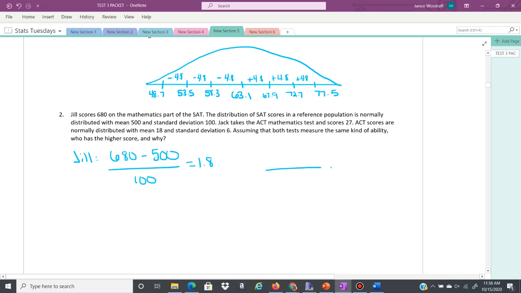Okay, so if I'm drawing this curve here, and this is your test scores curve, here's 0, 1, 2. Jill is about right here. Okay, then let's do Jack.